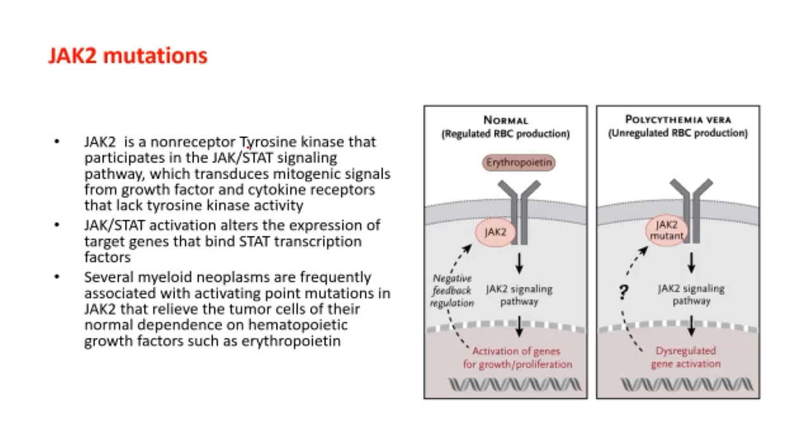So once it is stimulated, it is automatically regulated. But in polycythemia vera, there is a mutation in the JAK2-STAT pathway, which leads to aberrant activation, and this leads to polycythemia vera, which is unregulated RBC production. It's a chronic myeloproliferative neoplasm.